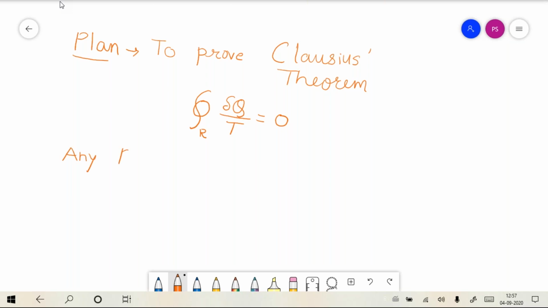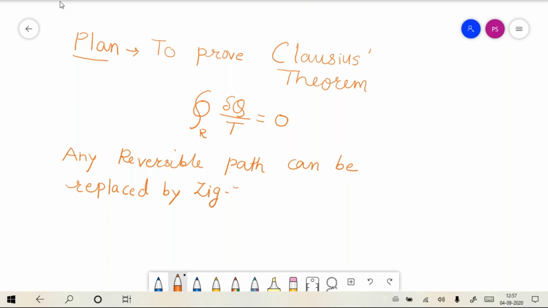Okay, first what we would be proving is that any reversible process, I'm not talking about a cycle, please note, any reversible process or reversible path, can be replaced by a set of three processes, which would give us some sort of a zigzag path, a zigzag path comprising of three processes.